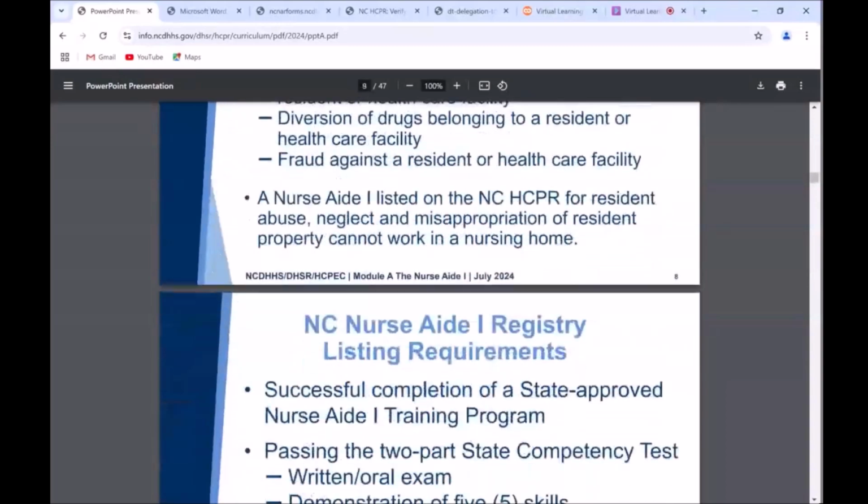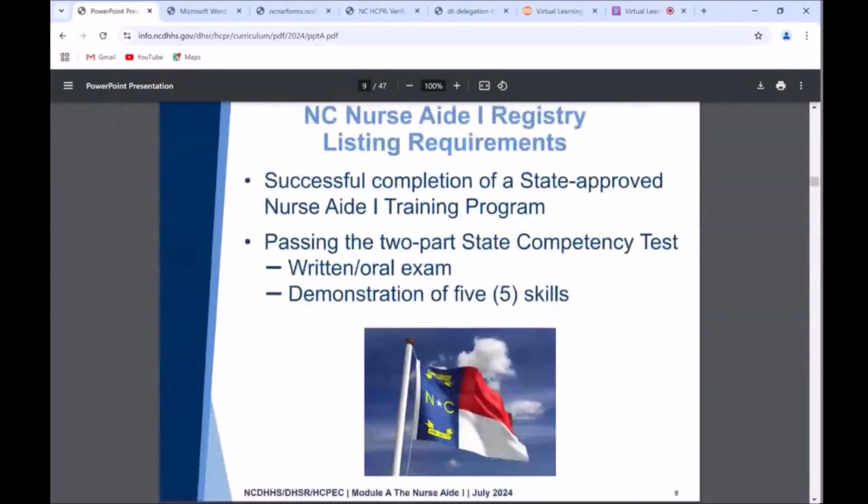All right. Let's talk about the registry listing requirements. Requirements for becoming a Nurse Aide 1 and working. So you must complete a state-approved Nurse Aide 1 training program, which is what you're taking now. And then you have to pass the National Nurse Aide Assessment Program. That program is a test that includes a computer-based test using multiple choice questions and a demonstration of 5 randomly selected skills.